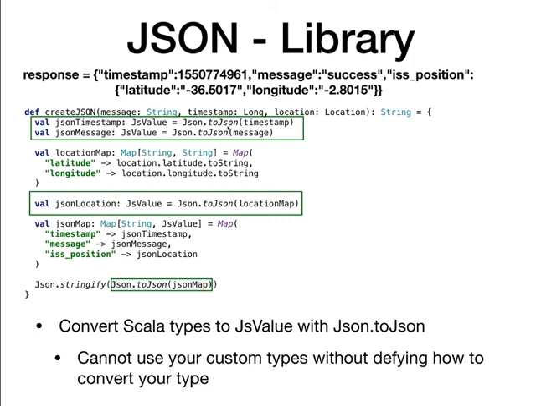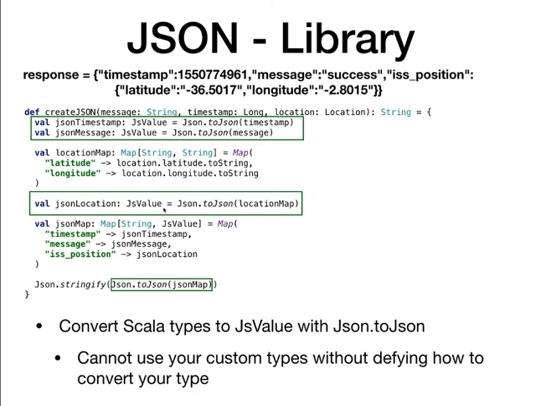This method is very powerful. If I give it an int, it's going to convert it to a JSON number. Give it a long, it'll convert it to a JSON number. Give it a string, it'll convert it to a JSON string, or a JS string. I give it this map of string to string. It's going to convert that to a JSON object, or JS object.